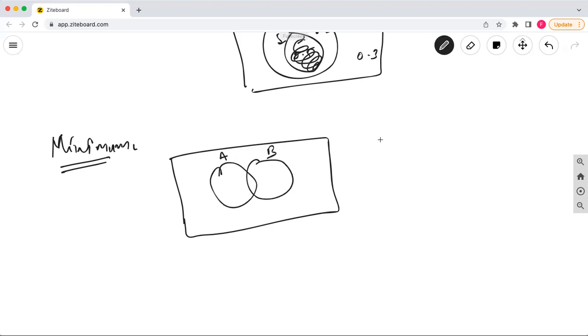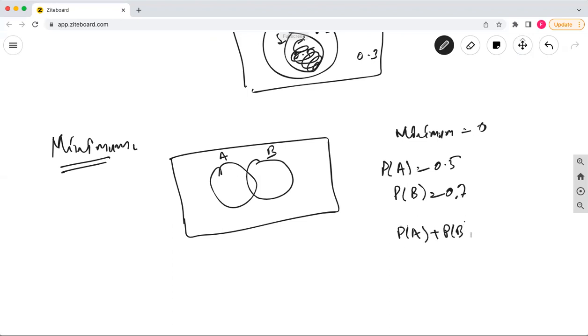If someone said that the minimum overlap is 0, okay, if I consider this as 0, so probability of A is 0.5 and probability of B is 0.7. If you add both of these, the answer is greater than 1, which is not possible. That means there must be some overlap between them. So how can we do that? If I call this probability of A and B, right?